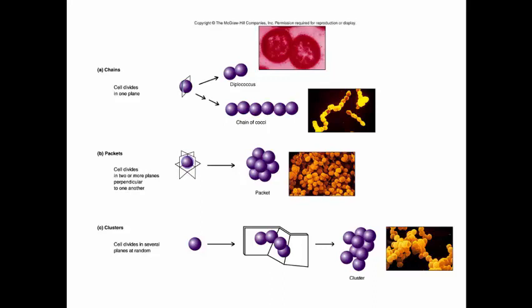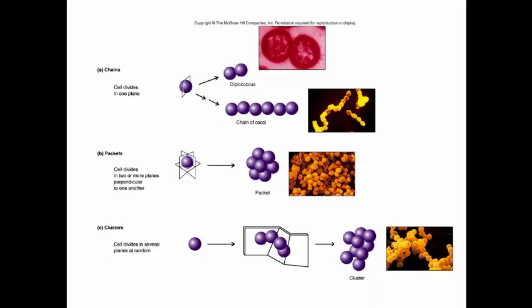But when the cell divides, it doesn't necessarily dissociate into two separate cells. They'll stay connected. That's where you get diplococcus, di, two. Notice that on the lower part of the image, you have the chain of cocci, okay? And then you sometimes will get packets. There'll be clusters, sometimes clusters of 8, sometimes clusters of 4, okay?